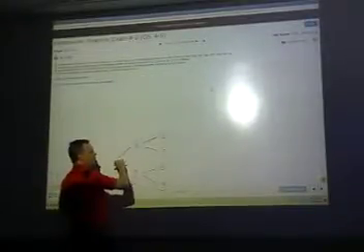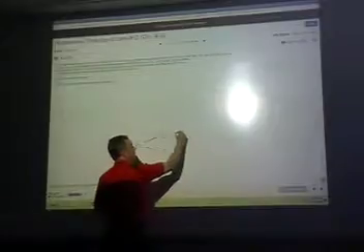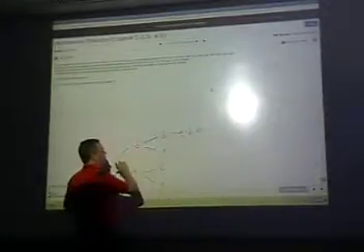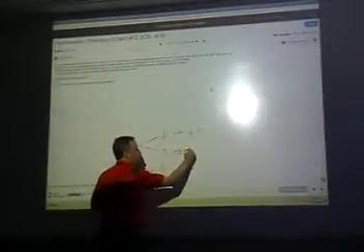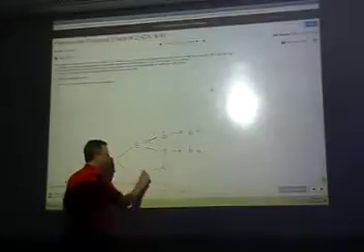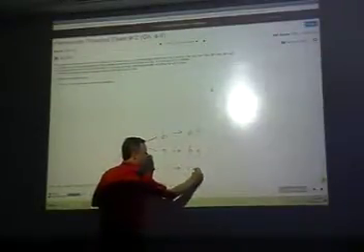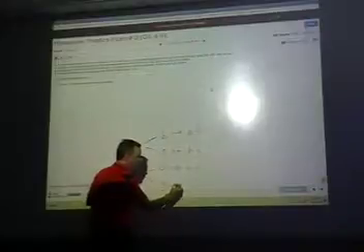This is a good way to list your whole sample space. If you follow each path to the end, boy, boy, boy, girl, girl, boy, girl, girl. There's your sample space for having two children.